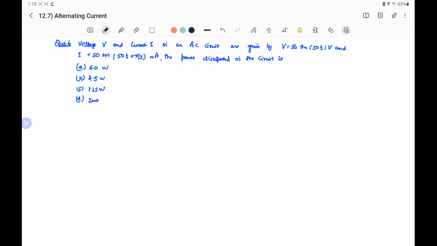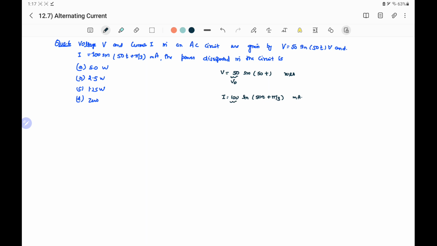Next question is, voltage V and current I in an AC circuit are given by V equal to 50 sin 50t volt and current I equal to 100 sin(50t plus pi by 3) milliampere. The power dissipated in the circuit is? Here we are given that voltage V equal to 50 sin 50t volt, so 50 is the peak voltage V naught, and current is 100 sin(50t plus pi by 3) milliampere.